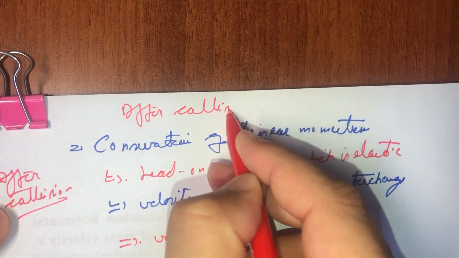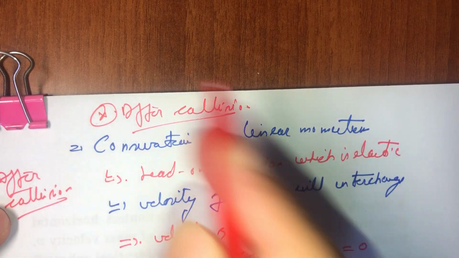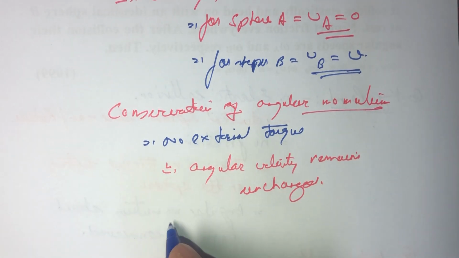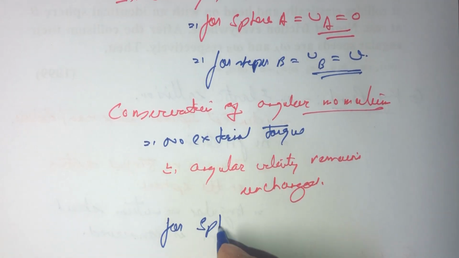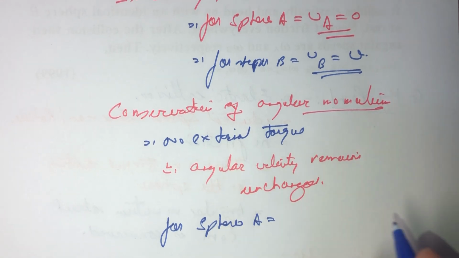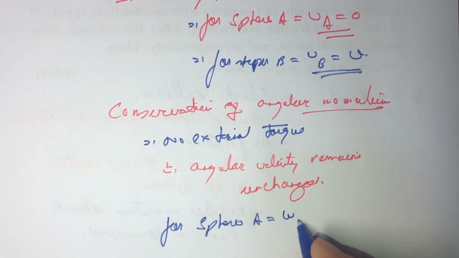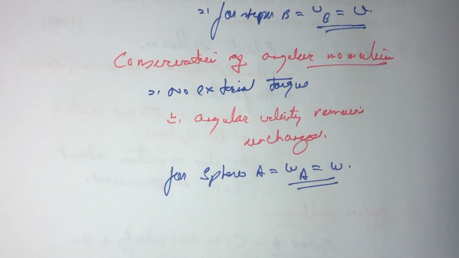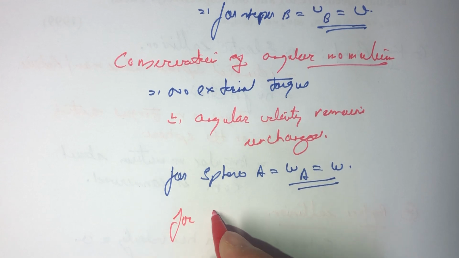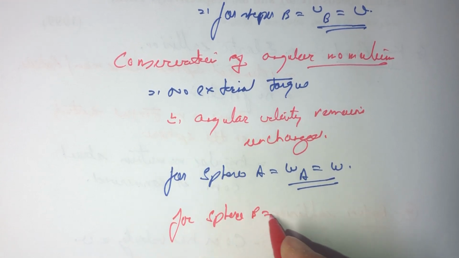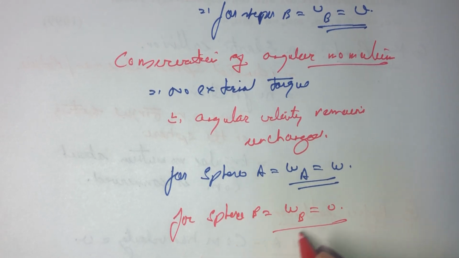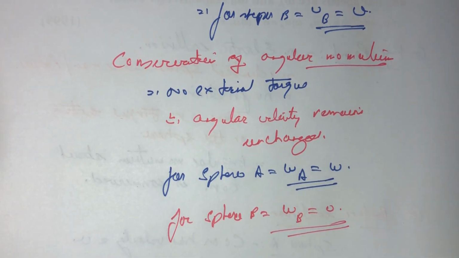Therefore, for sphere A after collision, its angular velocity omega A will be equal to omega, and for sphere B, its angular velocity omega B will be equal to 0.